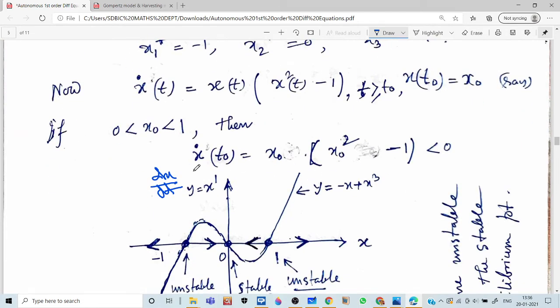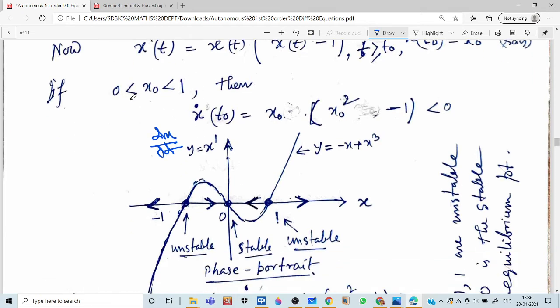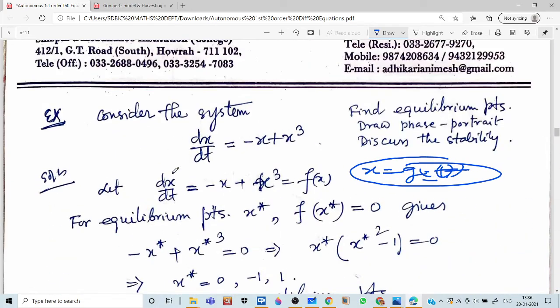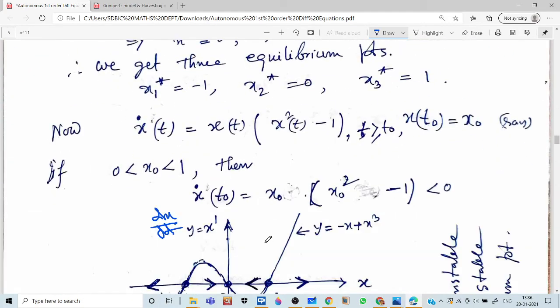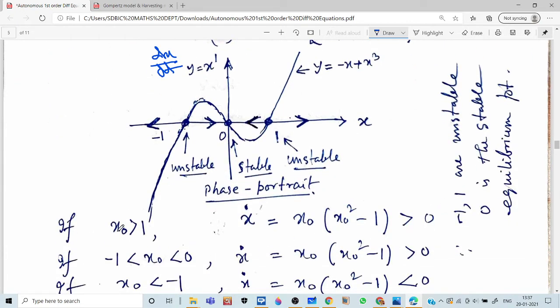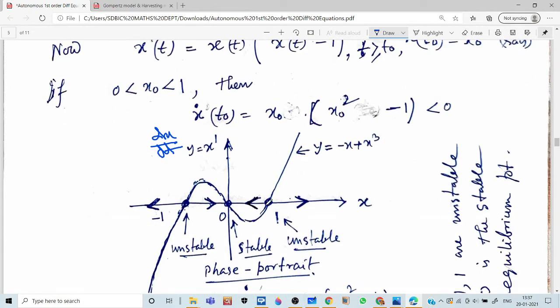If x0 is between 0 and 1, then x dot is equal to f(x), x0 cubed minus x0, so x0 squared minus 1 is negative. So x dot is less than 0. If x0 lies between 0 and 1, x dot is less than 0.